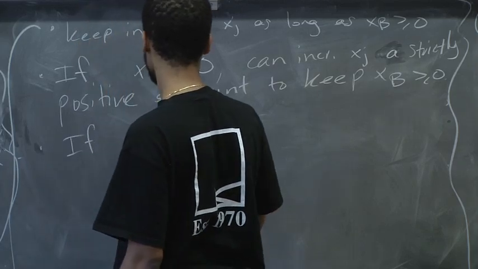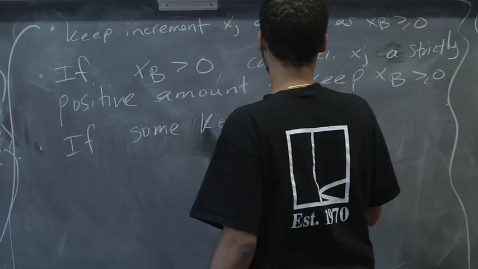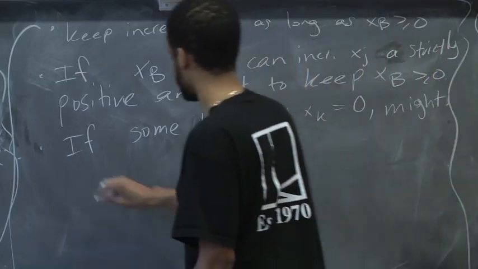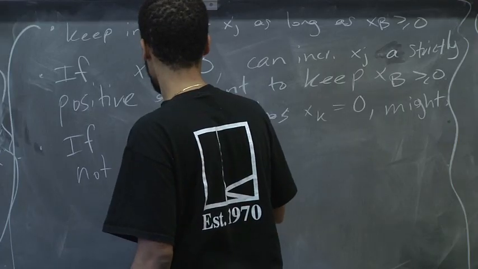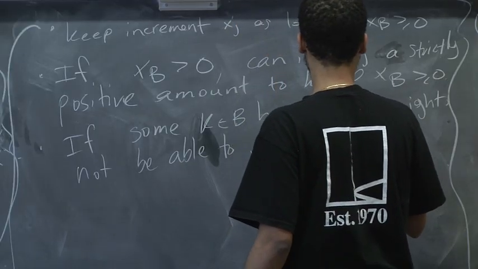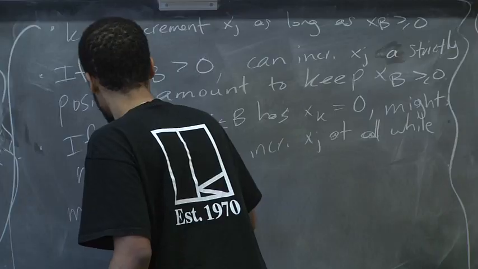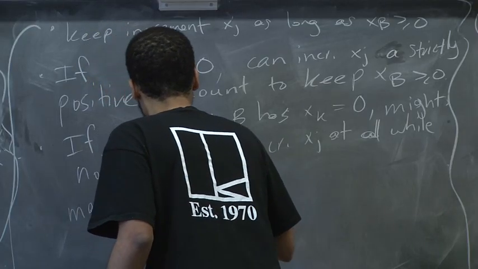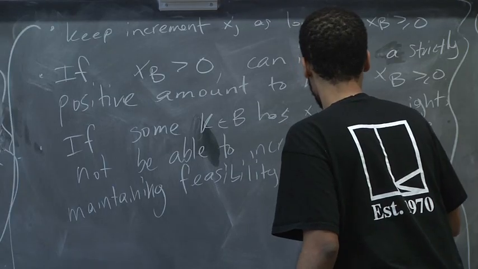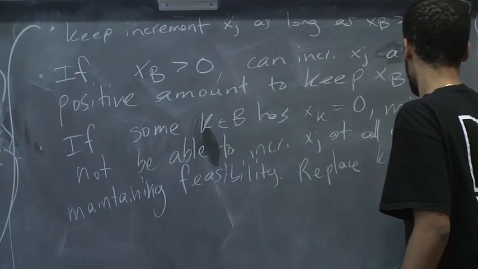If some k in B has xk equal to 0, we might not be able to increment xj at all while maintaining feasibility. Replace k in B with j.